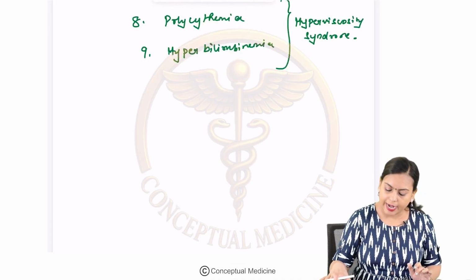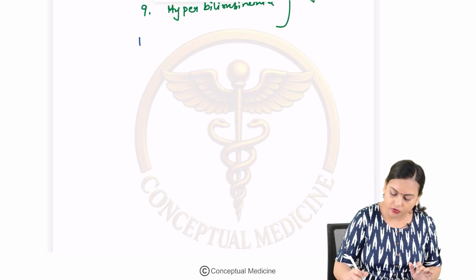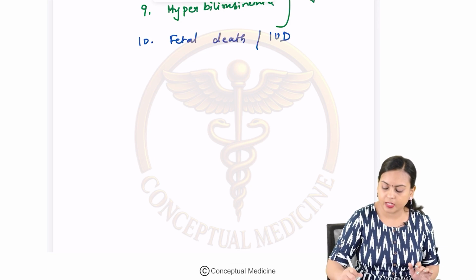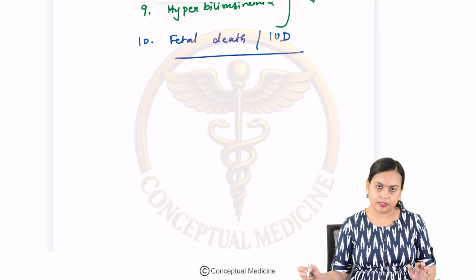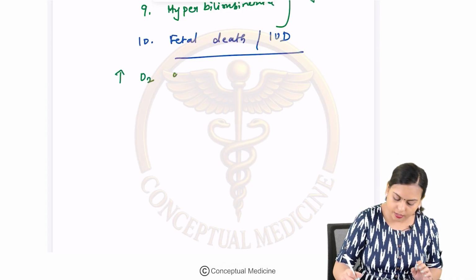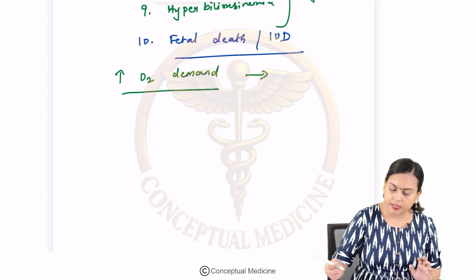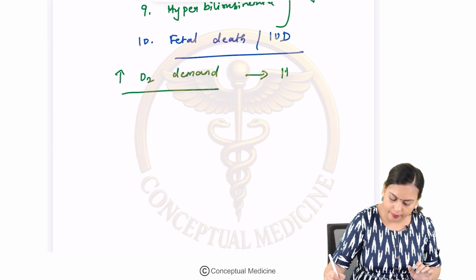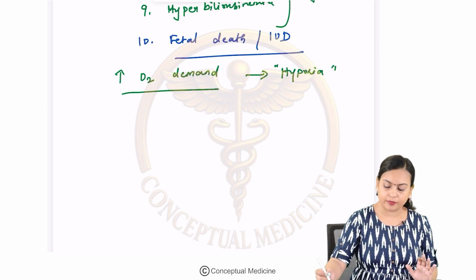Okay, and there is an increased risk of fetal death or IUD in diabetes mellitus. Why? Because as the baby grows, there is increased oxygen demand. But in diabetes mellitus, a state of hypoxia develops due to vasculopathy or placentomegaly, whatever is happening.